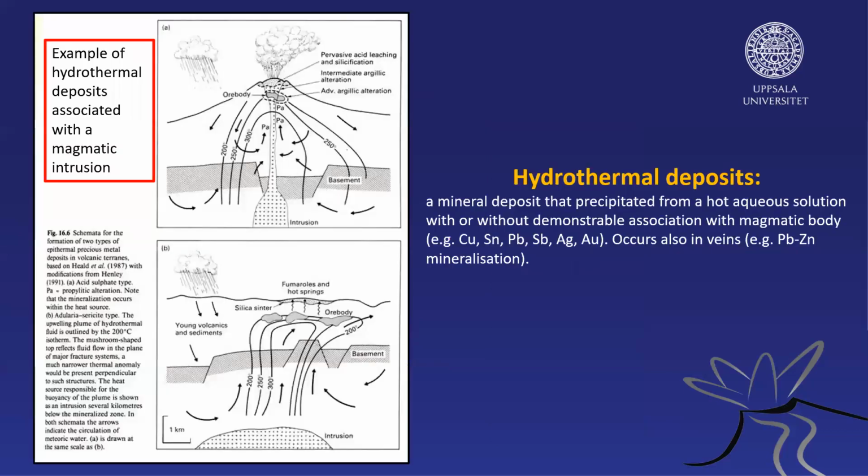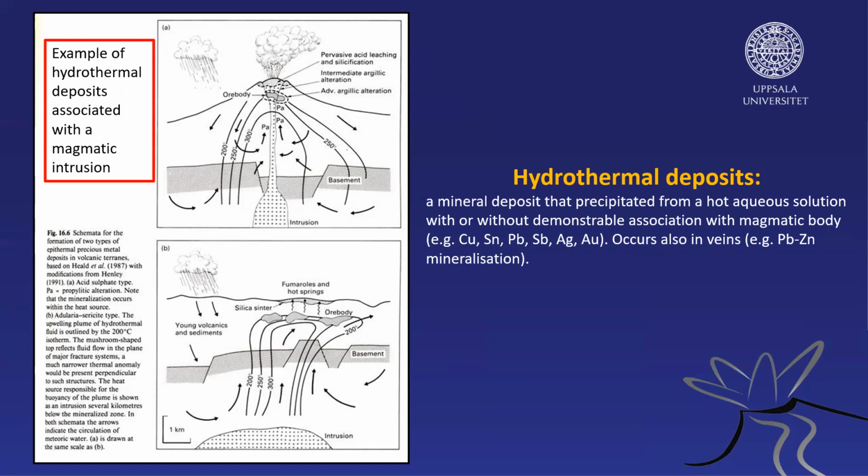Now we can look at hydrothermal deposits. That's a mineral deposit that precipitates from a hot aqueous solution, as I said, with or without involvement of a magmatic body. We have a large range of mineralizations. And basically, this is how it works.